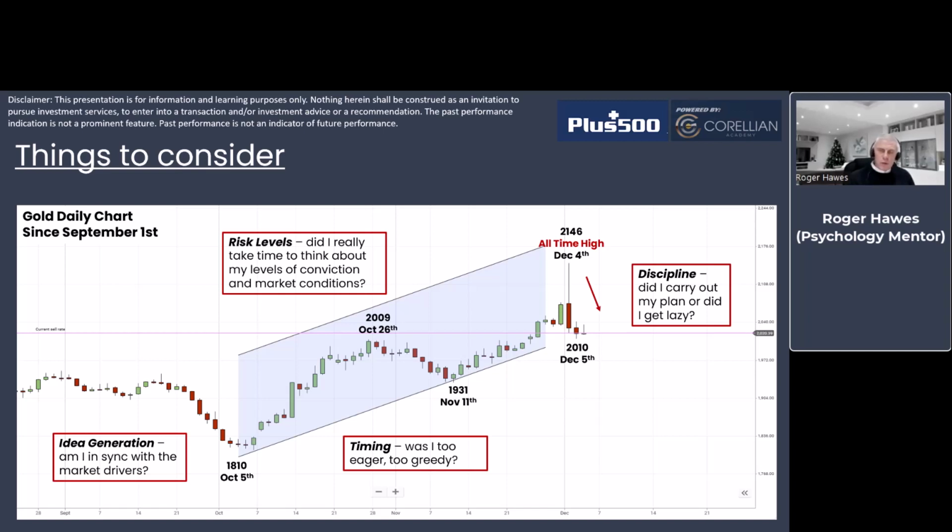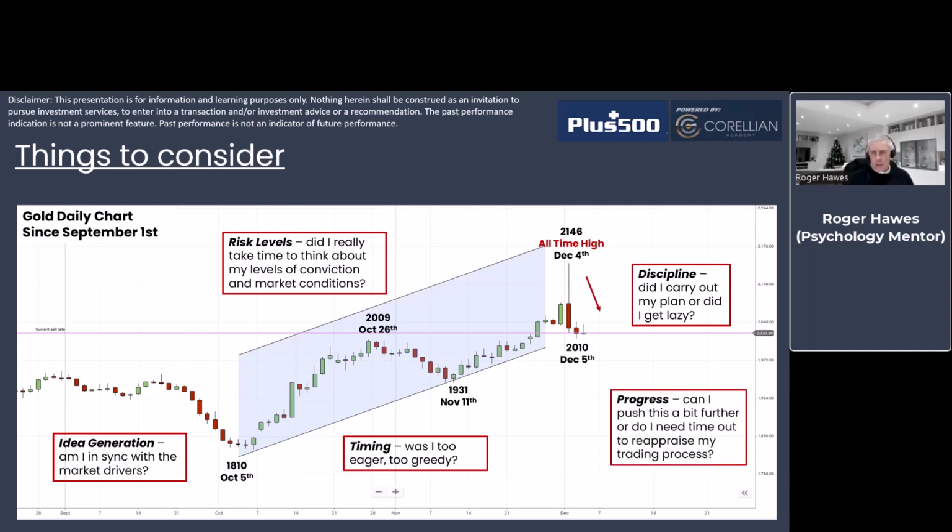We weren't taking on board all of the price action and the information that we had before we started that trade. And therefore, we've lacked discipline. We haven't seen the job through right to the end. So that's, again, something that is all about honesty. We have to make sure we're honest with ourselves that we were disciplined in what we did.